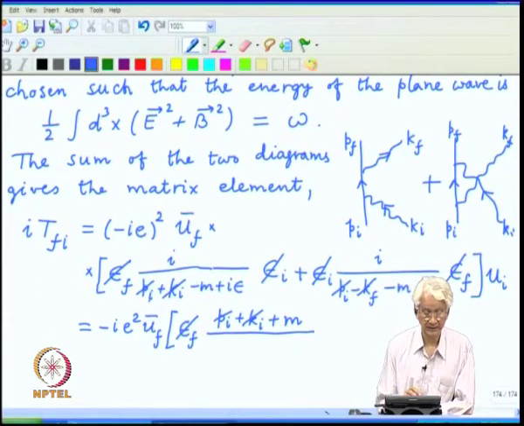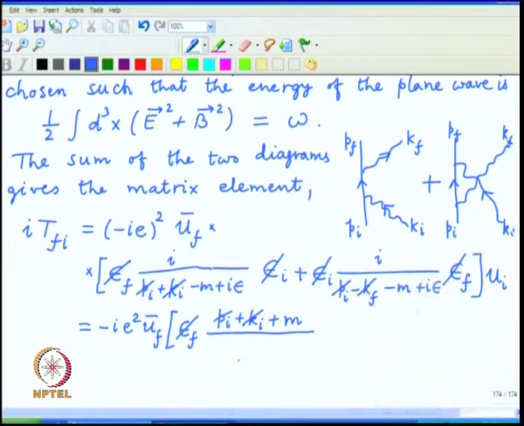So, here for example, p_i slash squared produces just m squared, which cancels with the minus m squared which is there in the rationalized denominator. k_i slash whole thing squared is just k squared, which happens to be 0 because this is a physical photon, and so the p_i slash plus k_i slash whole thing squared just produces the dot product of the two, which is 2 p_i dotted with k_i.